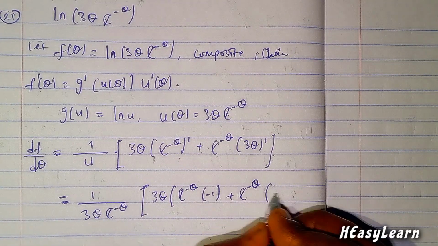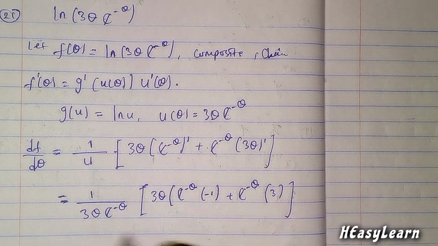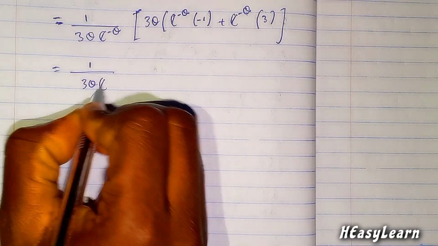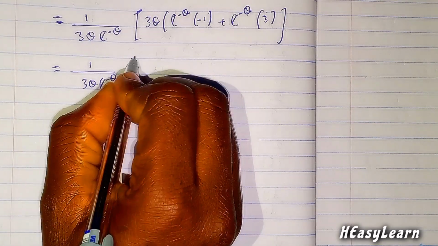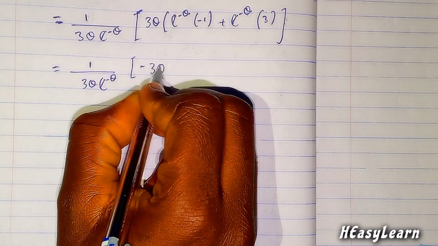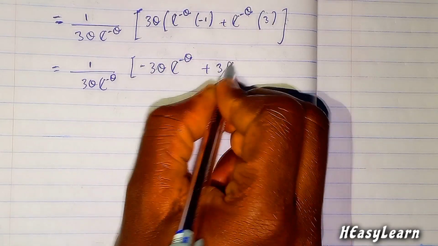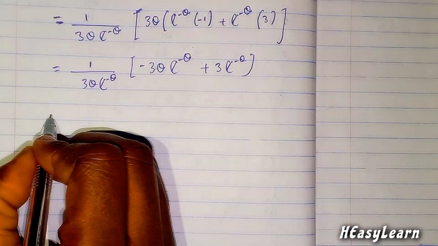What is the derivative of 3θ? It is 3. This is the same thing as 1 over 3θe^(-θ) times (minus 3θe^(-θ) plus 3e^(-θ)).